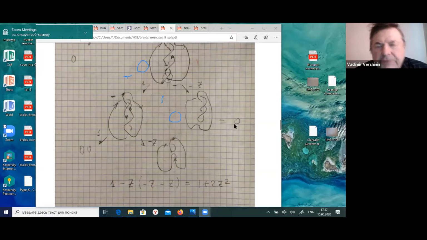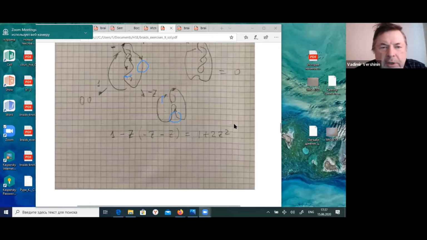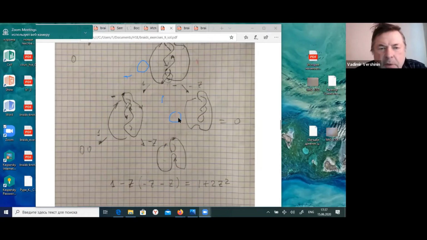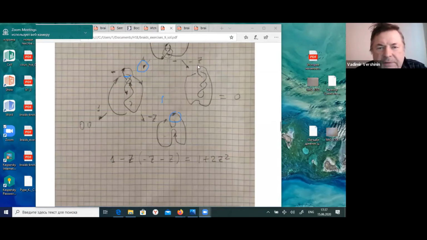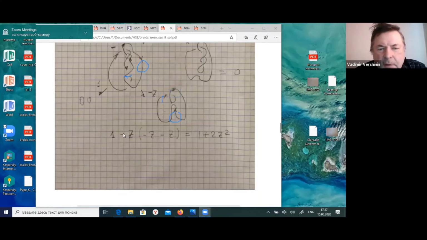So this is a knot, so 1. So what do we have? 1 minus z, and then minus z. So 1 minus z multiplied by -2z.